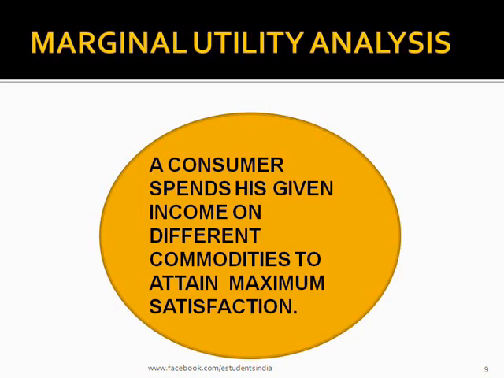Marginal utility analysis. A consumer spends his given income on different commodities to attain maximum satisfaction. The objective is to get maximum satisfaction. We are using marginal utility analysis to study the behavior of the consumer, how he spends his given income on different commodities.